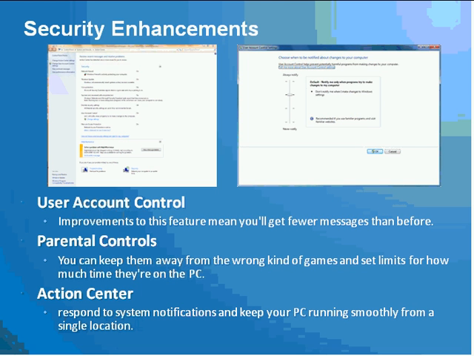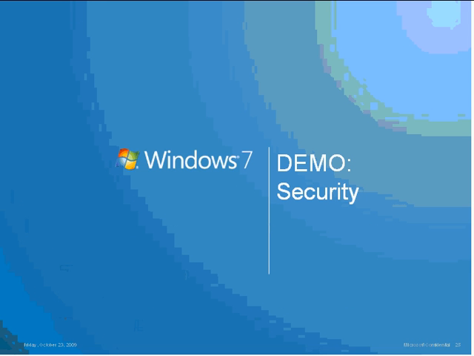For example, in my PC, I can see there are 2 actions that are pending on the Action Center. We will be seeing a quick demo of the things we talked about right now. So let's see what Pradeep has to show us for the security. We've talked about the UAC and the parental controls and the Action Center.